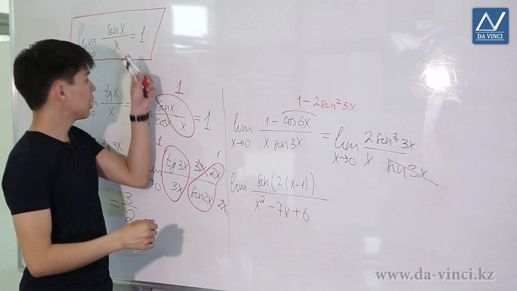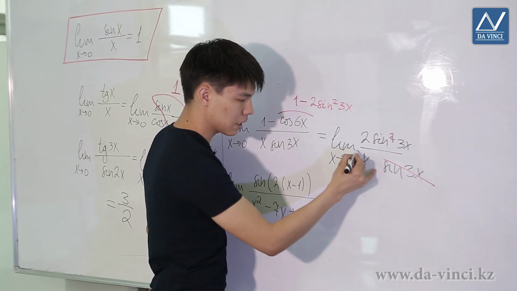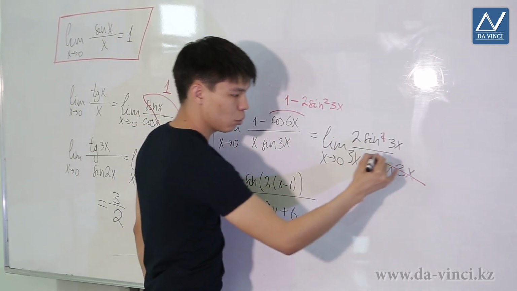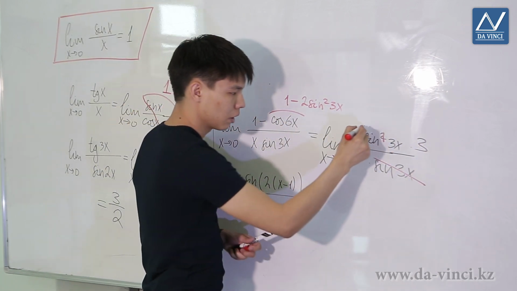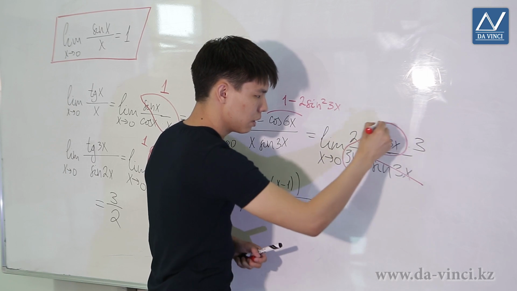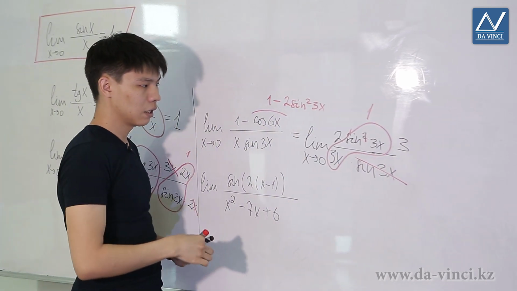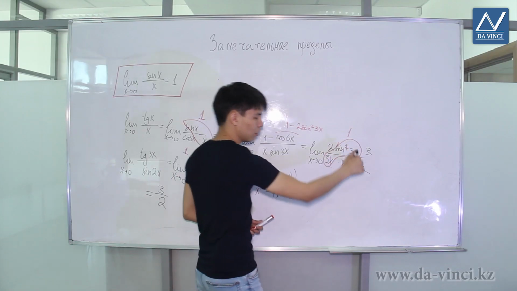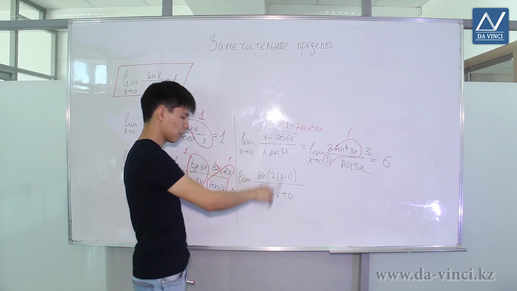In order to get a wonderful limit, we don't have 3x below. We don't have 3, so I will add 3 here. But since nothing changes, I will add it on top too. Now, the sine of 3x divided by 3x is 1. 1 remains, multiply by 2, multiply by 3. This limit is 6.